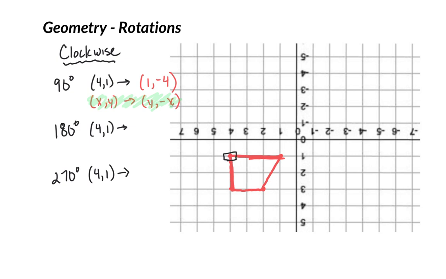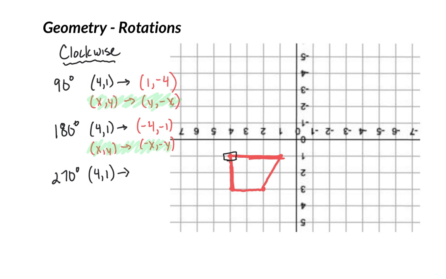So my x and my y both stayed in the same place, but they became negative: negative 4, negative 1. So in this rotation, if you have an x and a y, you simply change the sign on both of them, but you don't change their order. Again, that's a rule worth memorizing. That is our way to do 180.